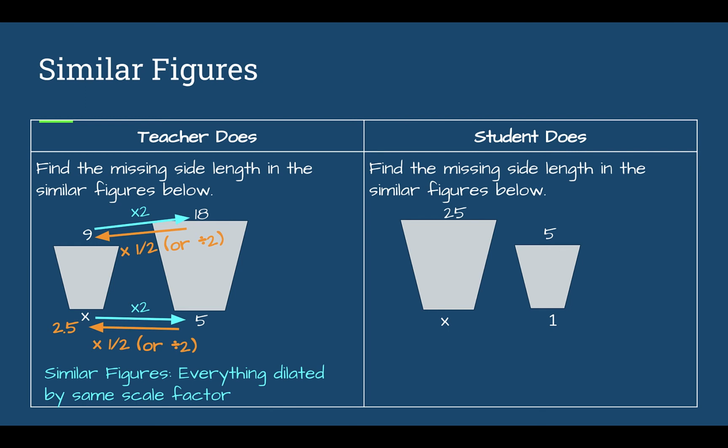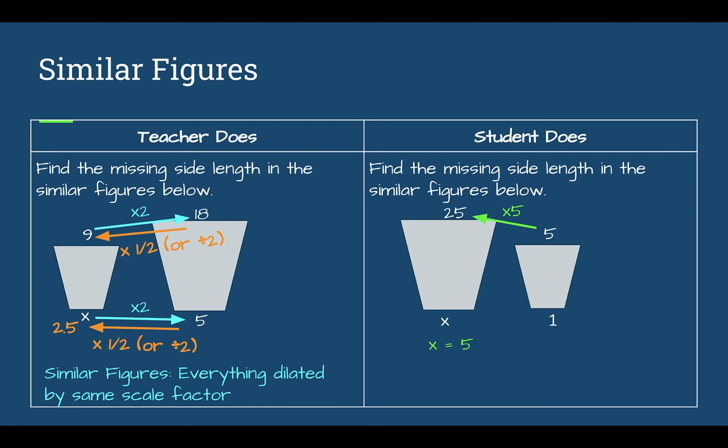Now it's your turn. Pause the video. What is the missing side in the similar figures? Let's check. You should have found that x was equal to 5. Here, I noticed that if I go from 5 to 25, I'm multiplying by 5.